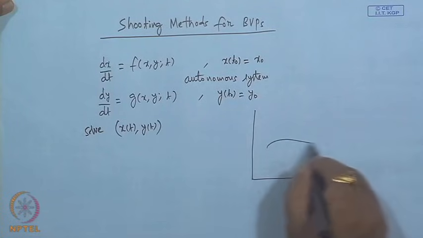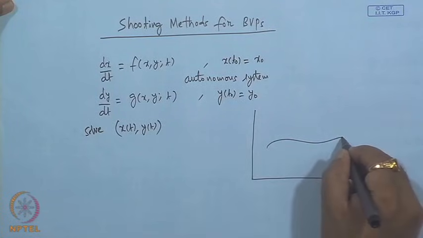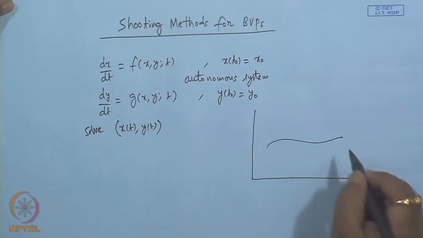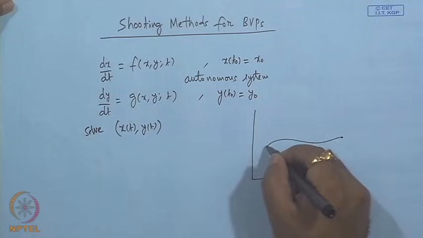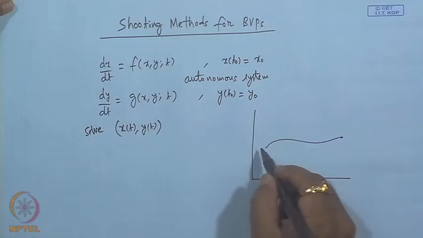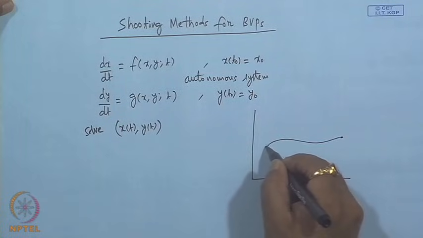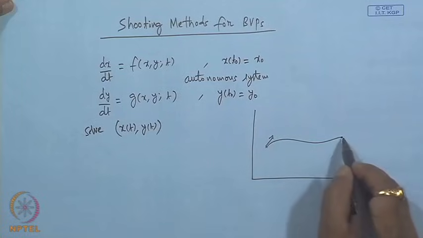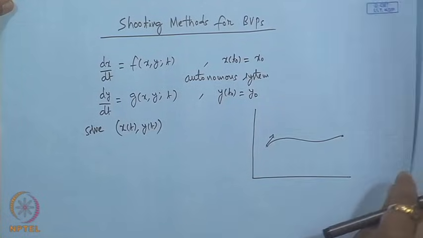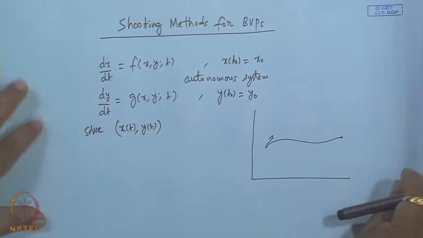We are trying to solve for this, let us say, target. What is the corresponding initial angle so that we hit the target? Let us switch over to boundary value problems.